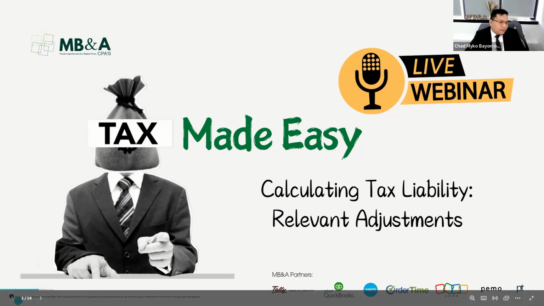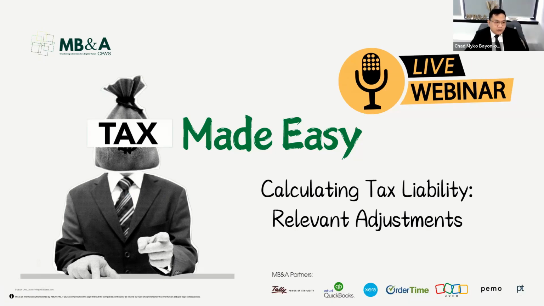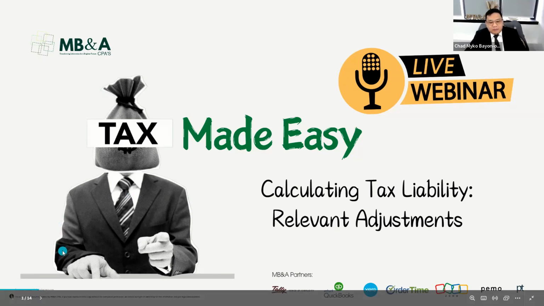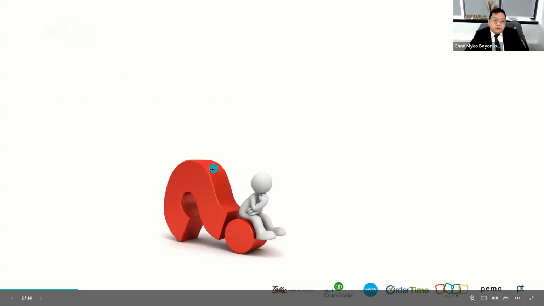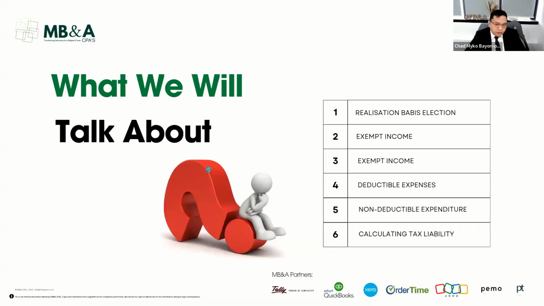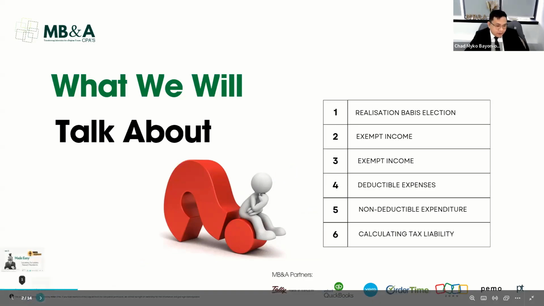So let's proceed now with our presentation on calculating tax liability and identifying or applying the relevant adjustments. What we will be talking about will be realization basis, the exempt income, the deductible expenses and non-deductible expenditures, and then calculating the tax liability.